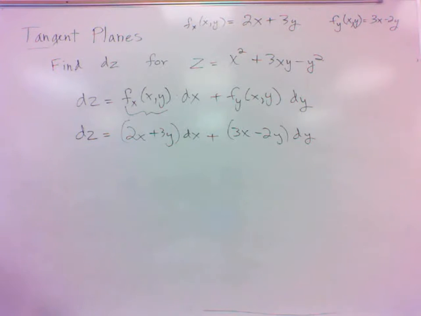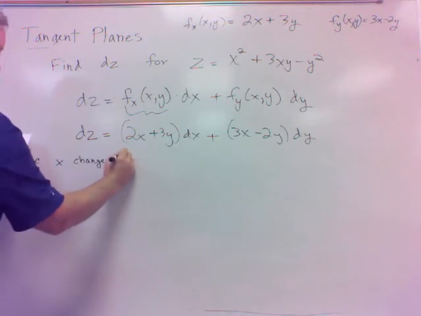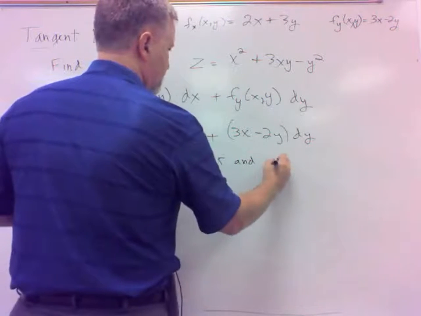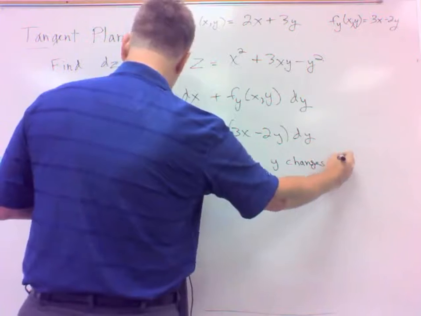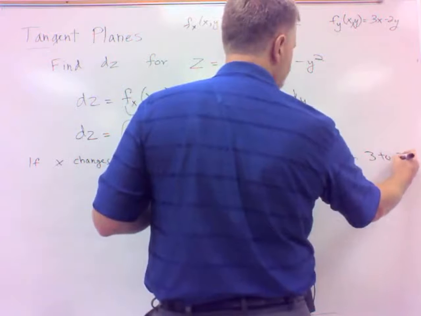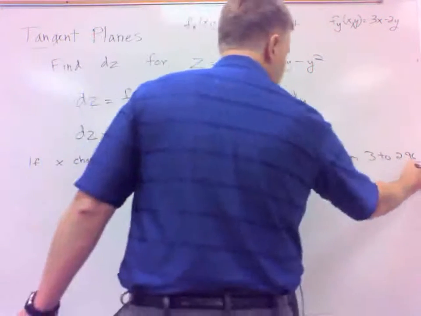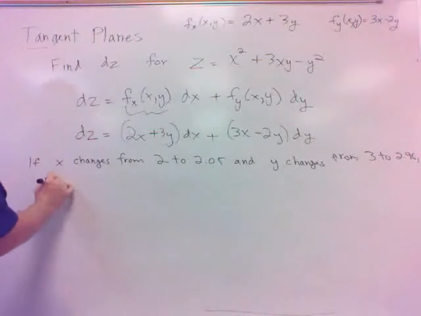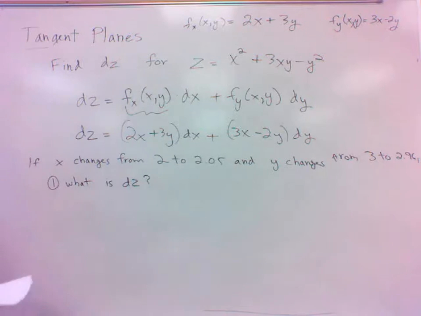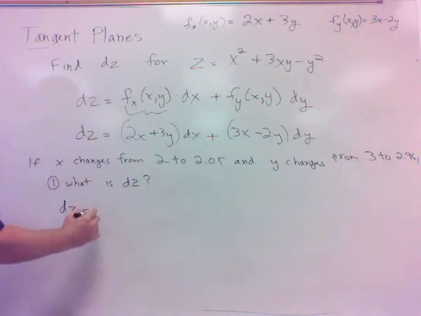All right, so here's the second part. If x changes from 2 to 2.05 and y changes from 3 to 2.96, first of all, what is dz? dz would be, all right, so what's my x and my y?